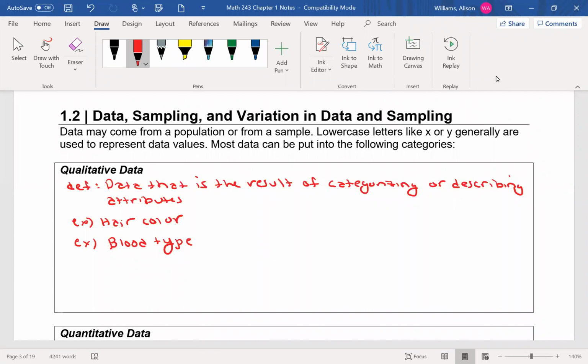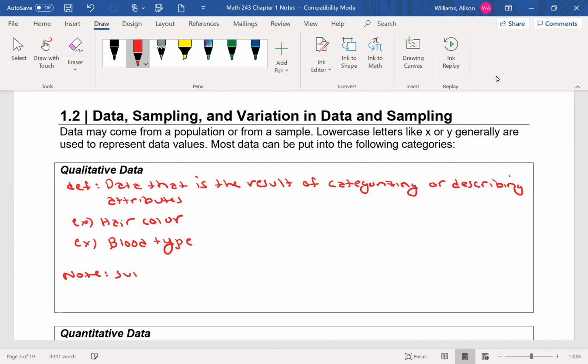Now, here's what's interesting, and I want to make a note of this. When we're looking at categorical data, all we can really do is summarize what we're seeing in terms of the largest amount of data and percentages. And really, that's it. That's really the only summaries we can give.